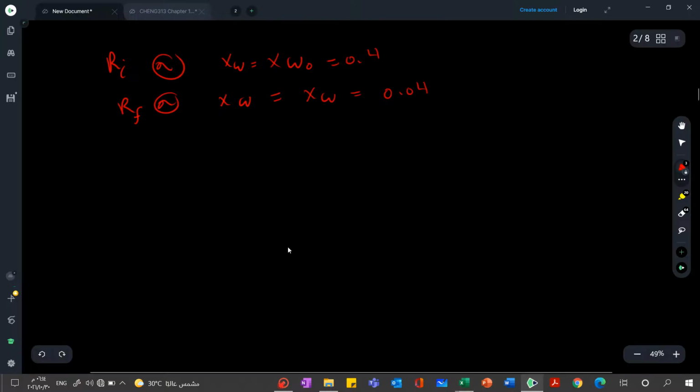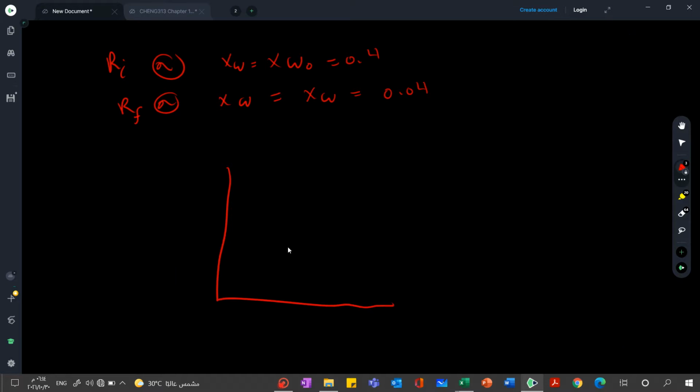If you take this y, for example, and this x, and this q line, it's like this shape.